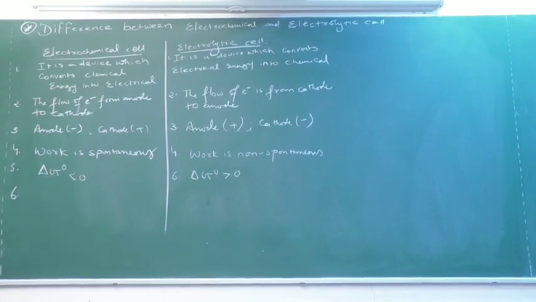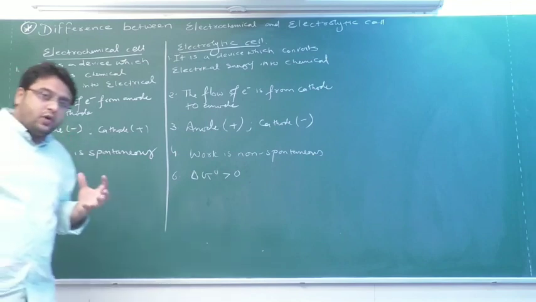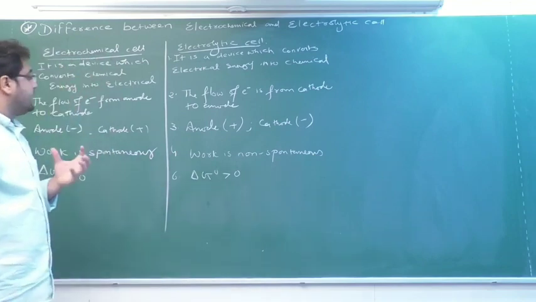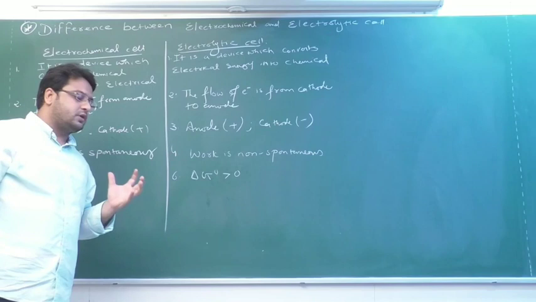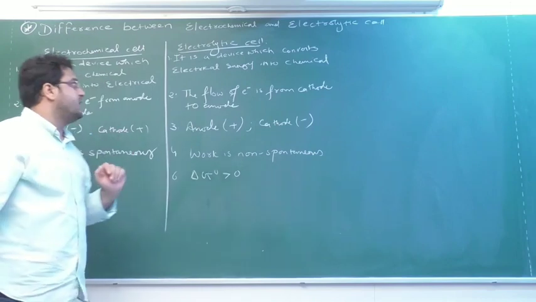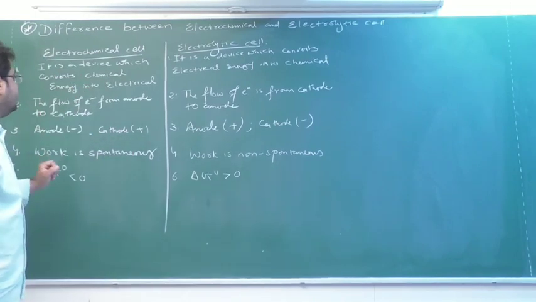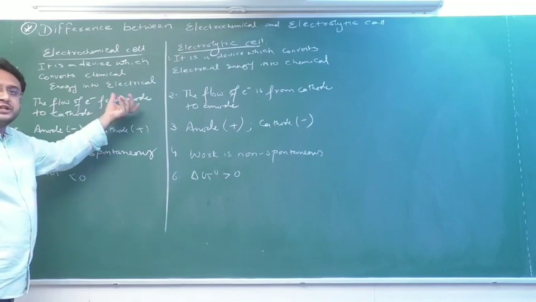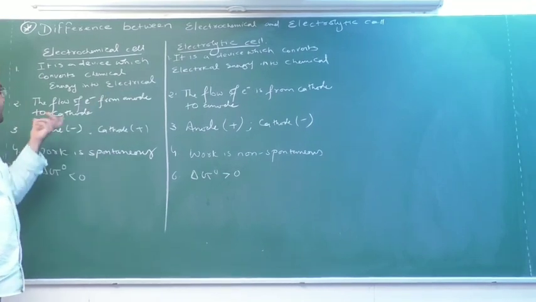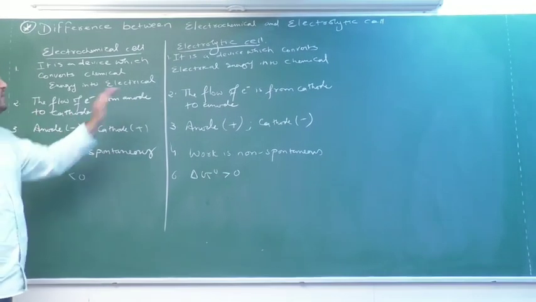Okay. See here, the next point can be, last class we have seen that on the anode oxidation occurs, because the anode capacity in an electrochemical cell is to lose. We have seen Zn was converting into Zn 2+ plus 2 electrons. So in an electrochemical cell, the anode has the capacity to undergo oxidation, whereas at the cathode it is reduction. Here it will be reversed.